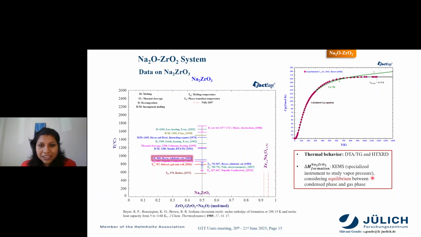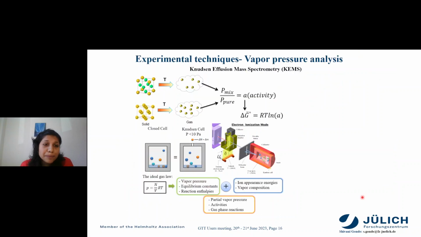And for this investigation, we have utilized a very specialized method called Knudsen effusion mass spectrometry. And in this method, equilibrium is considered between the condensed phase and the gas phase. So here is a general scheme. So this is the Knudsen cell, and the size of the orifice is very small as compared to the size of the lid.